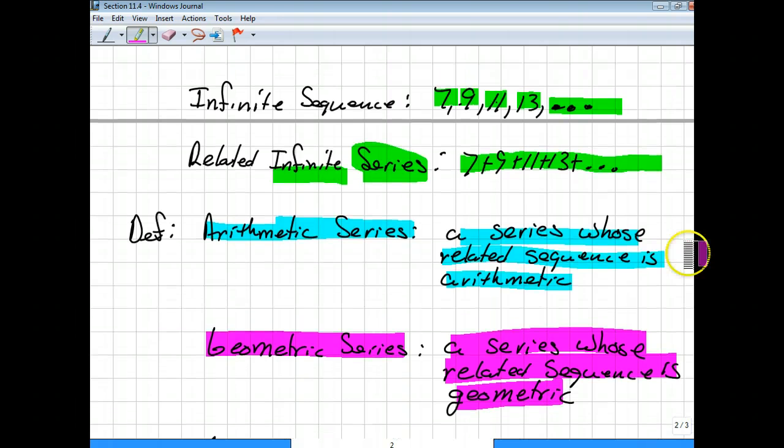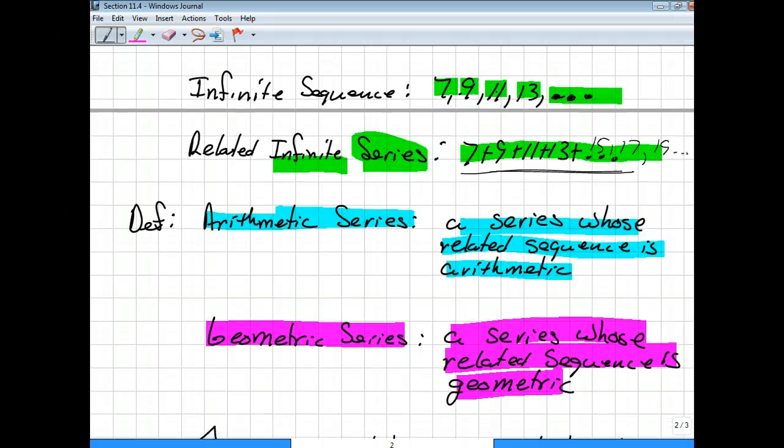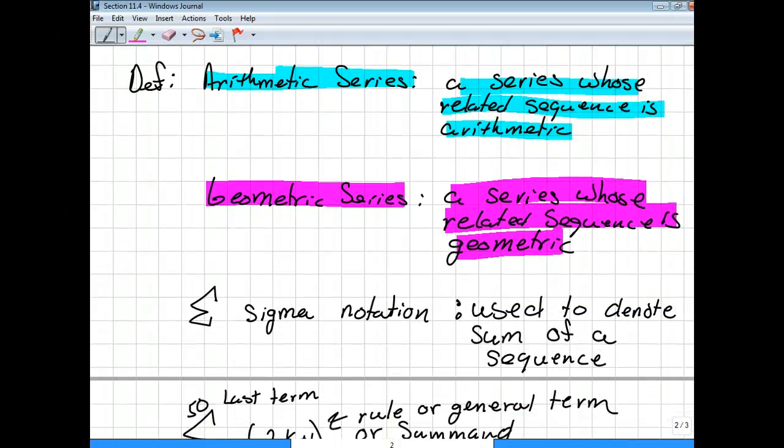Now, it could get very tedious writing out this sum, because this is infinite. It could get very tedious to write that out because the next one is going to be 15, then 17, then 19, etc. And so to write that out, it's going to take a long time. So what we do is we abbreviate that using some special notation.